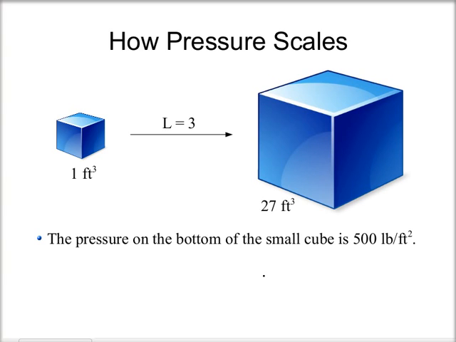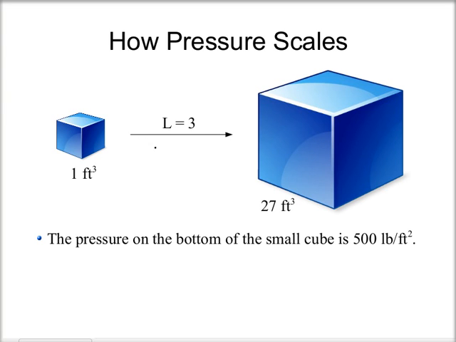Like area and volume, pressure is also going to scale with size. So let's look at how that works. Here I've got my 1 foot cube made out of steel, and the pressure on the bottom of that small cube that we just saw on the last slide is 500 pounds per square foot.